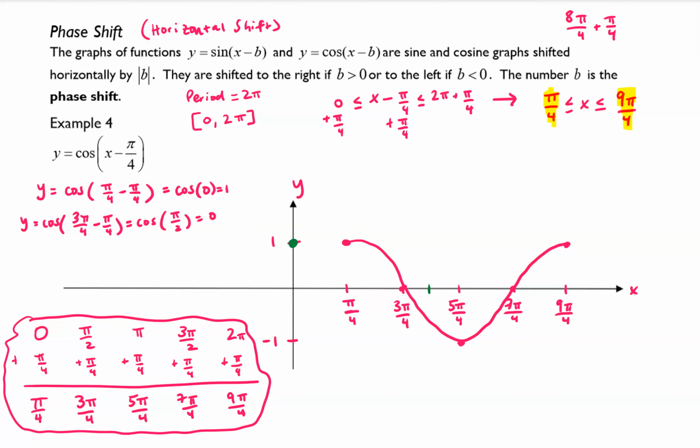That would be 4 pi over 4, which is the same thing as pi. 2 pi would be right here, and our graph would look something like this.